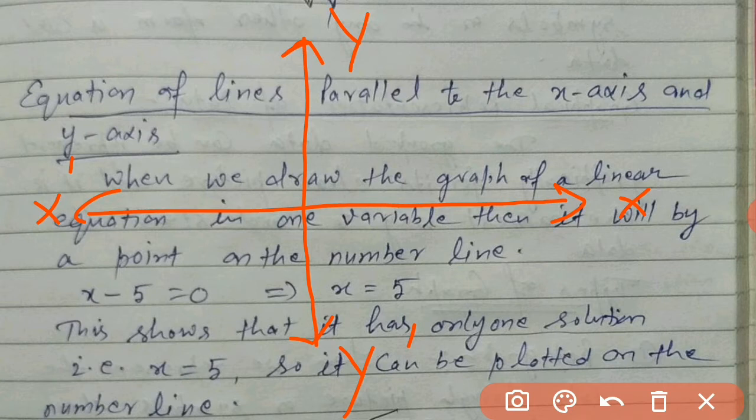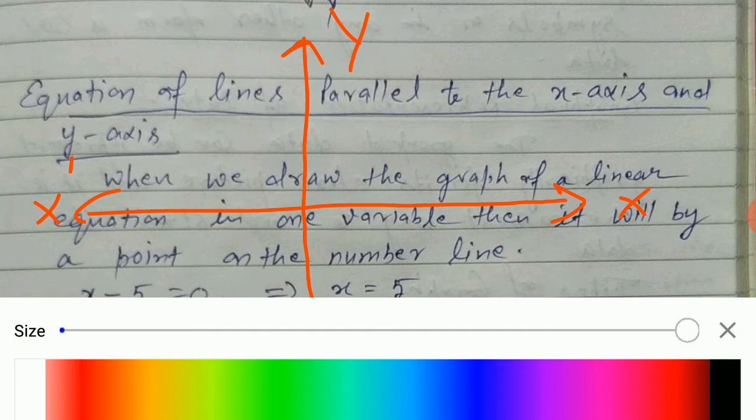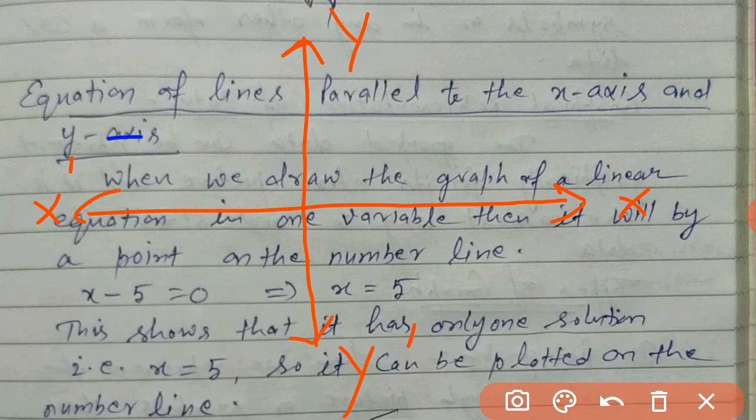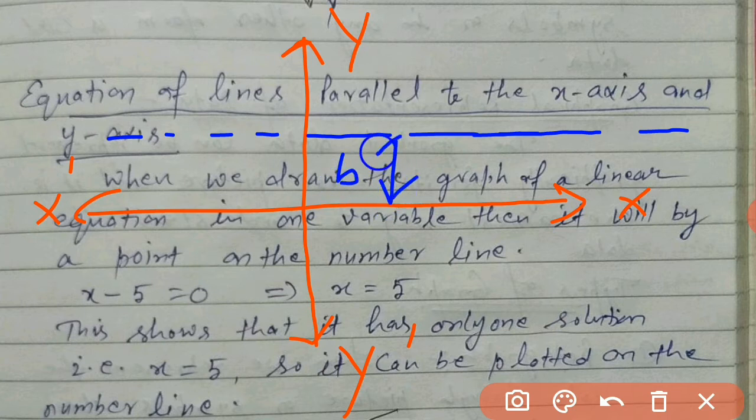Equation of a line parallel to x-axis. Suppose this is the x-axis and parallel to this, suppose this is a parallel line to the x-axis at a distance b from the x-axis. So the equation of a line parallel to x-axis is y equal to b.